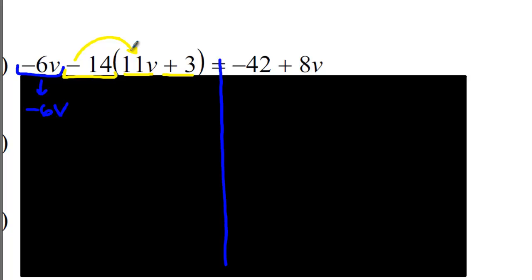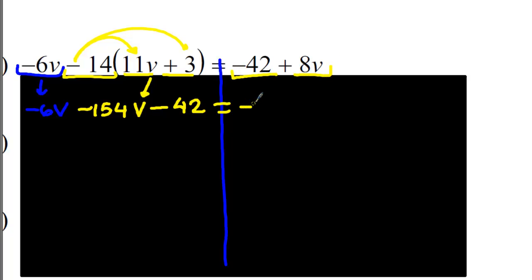That'll be negative 154. And since the 11 has a b, you rewrite the b. Negative 14 times 3. That's a negative 42. And 3 has no b, so there's no b. Alright, next, negative 42 and 8b are not the same, so rewrite.